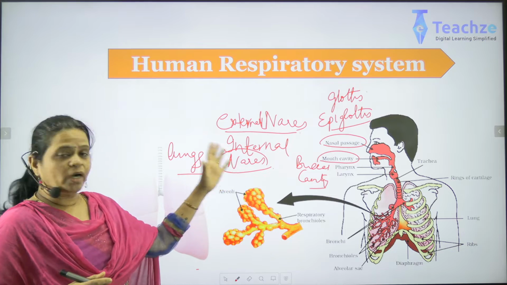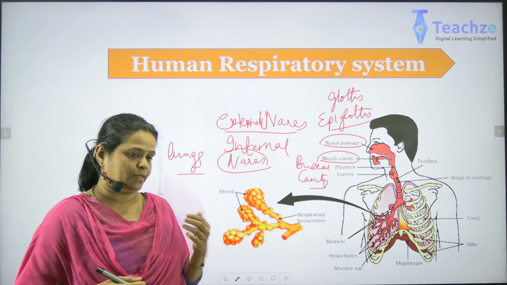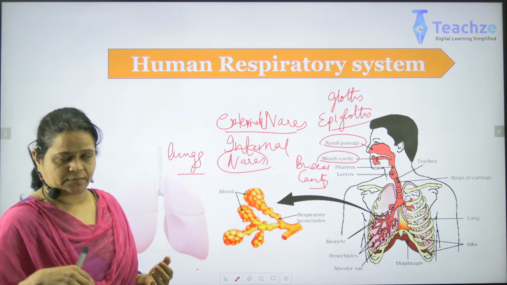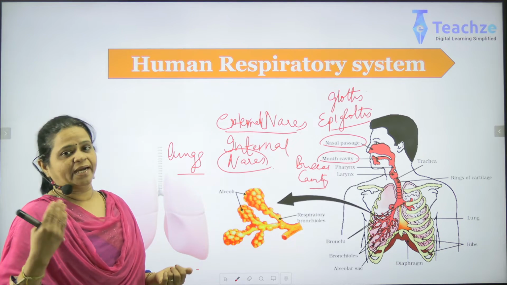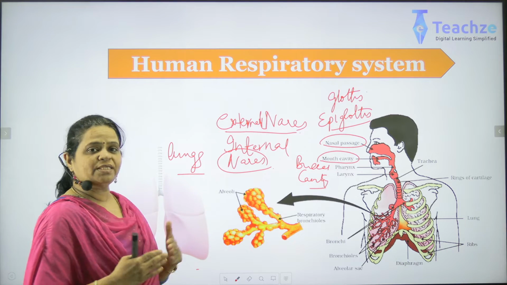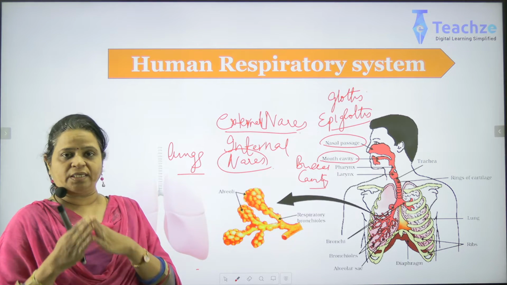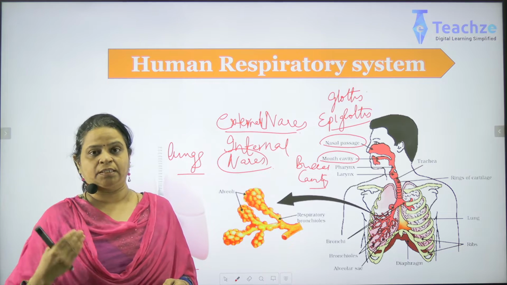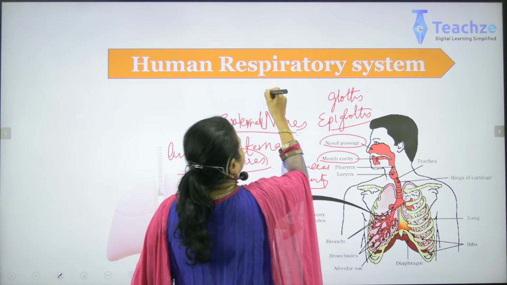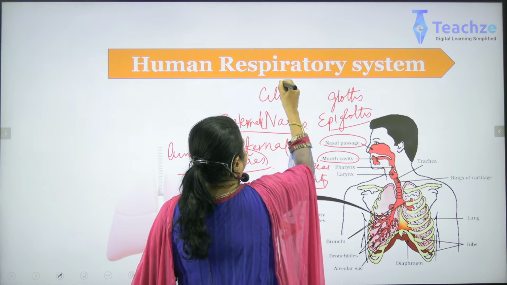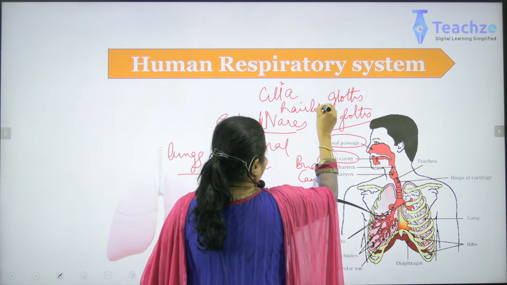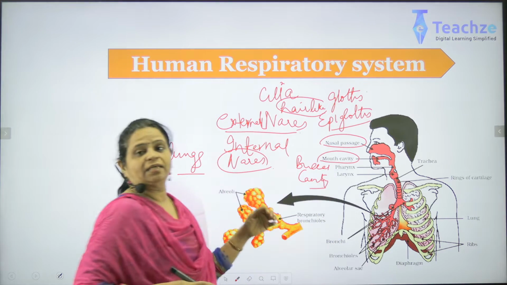Now, what is present in the internal nares that helps filter the air we are breathing? Every time we breathe, there is always filtration of unwanted substances when the air enters your internal nostrils. What is that? We have cilia, or hair-like processes, which are generally present in the internal nostrils.